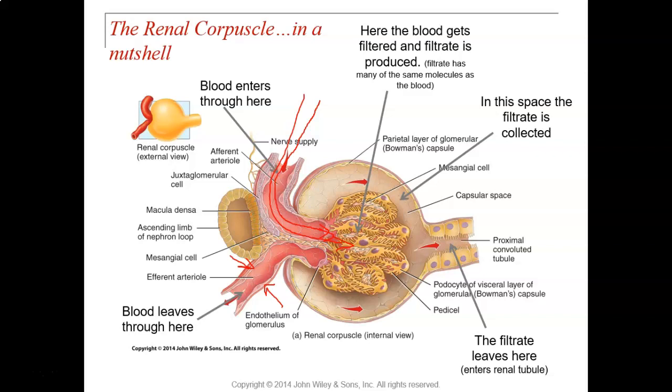One of the problems when we think about this, all right, so if we're increasing the pressure inside of the glomerulus, the afferent arteriole, all I can do is constrict it, right? I can't cause it to dilate, for instance. It can only get so big.